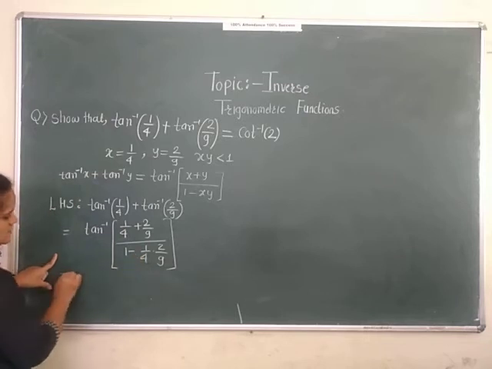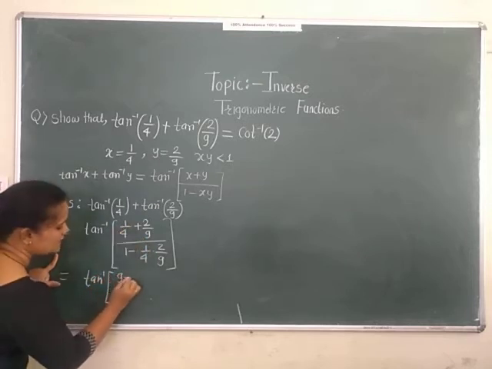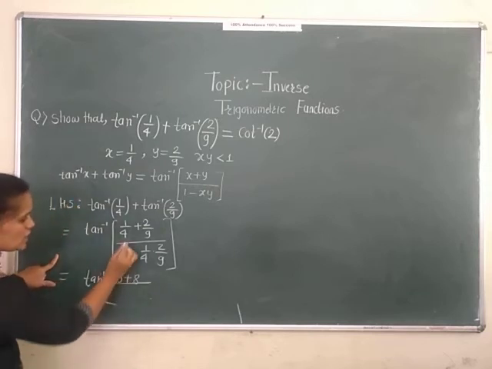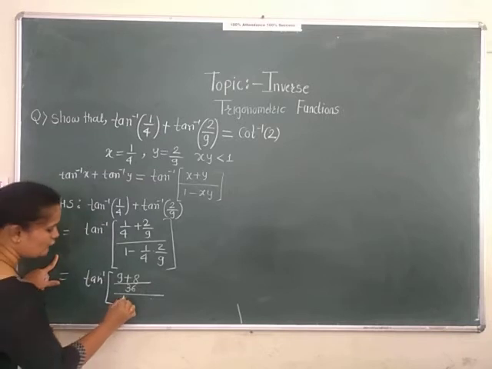Now solve these terms. Tan inverse of cross multiplication: 9 into 1 is 9 plus 4 into 2 is 8, divided by 4 into 9 is 36, divided by 1 minus.